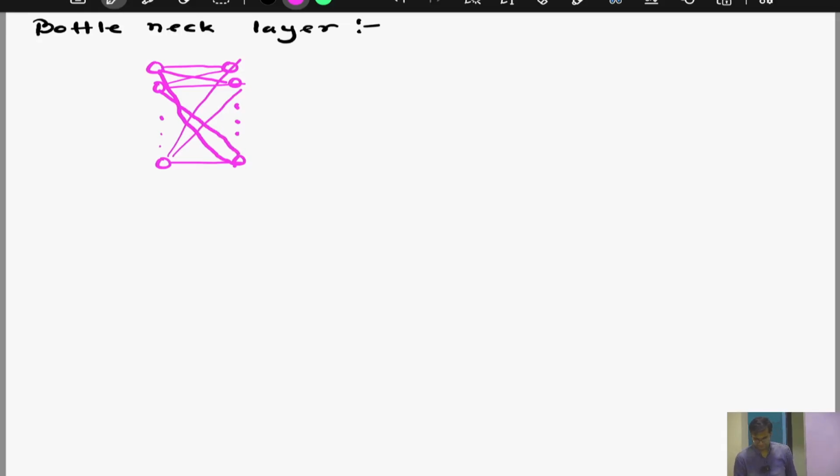How many parameters are there in this layer? Forget bias, assume no bias. 100 square, right? 100 times 100. So the number of weights is equal to 100 square.